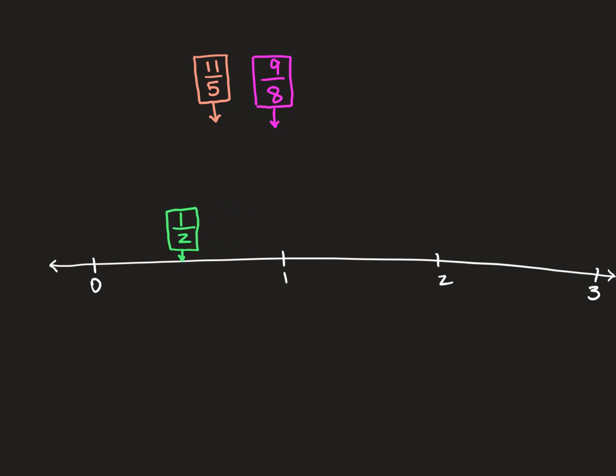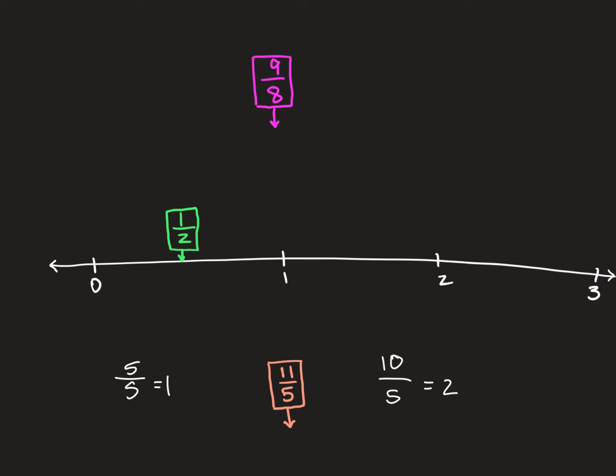So what about these other values? What about 11/5? Well, 11/5, what do I know about this? I know that 5/5 is equal to 1 and 10/5 is equal to 2. And this is definitely bigger than 10/5, but 3 is the same as what? 15/5?